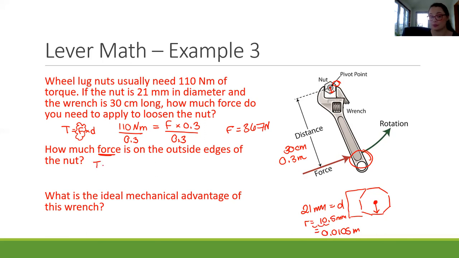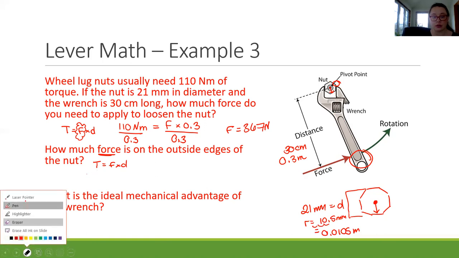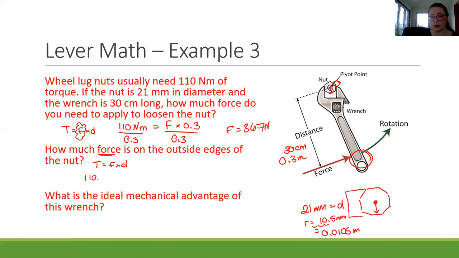So torque equals force times distance. So if we have 110 Newton meters, that is equal to the force on the nut times the distance from the pivot. And the distance from the pivot is 0.0105. It's a very small distance. What's going to happen to that force?